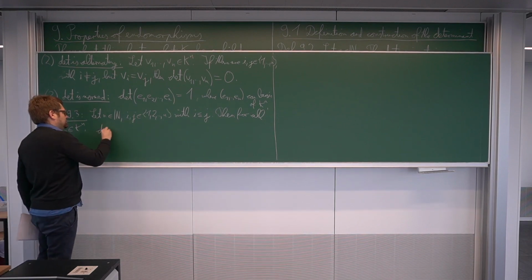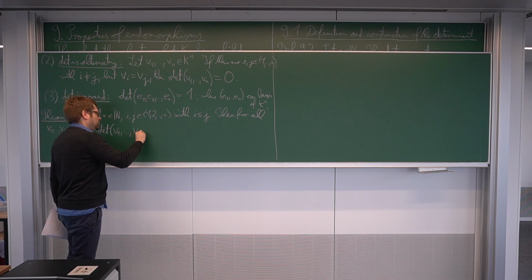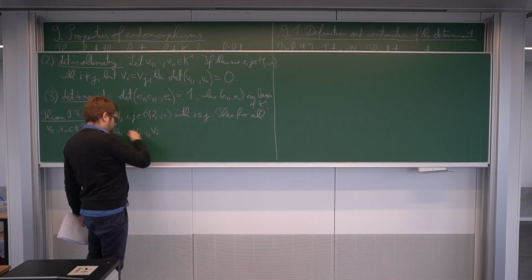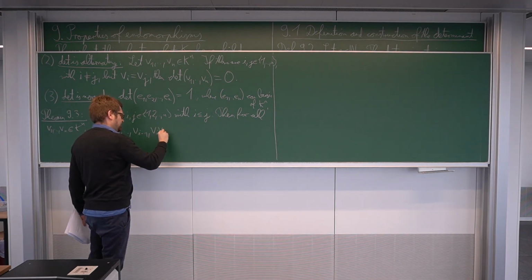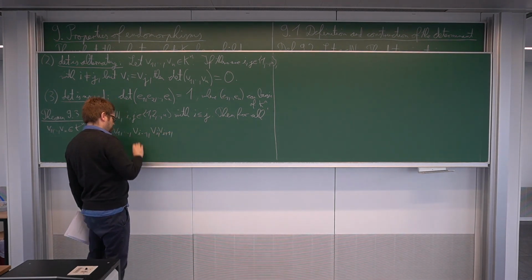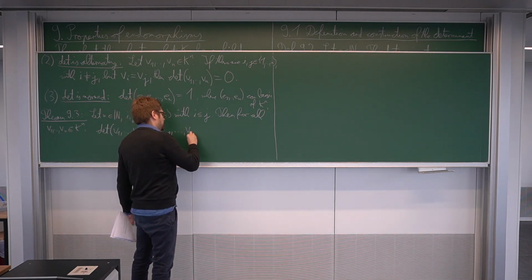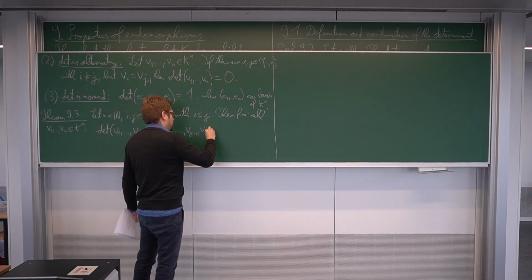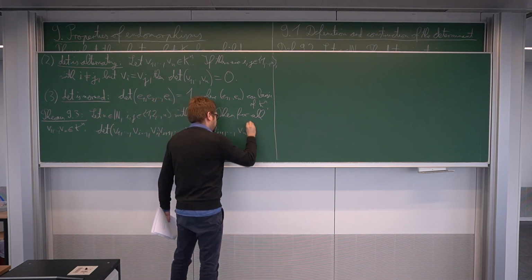The determinant of v1 to vn, but let me emphasize here the ith and the jth vector: vi minus 1, vi plus 1, and so on, then vj minus 1, vj plus 1 to vn.